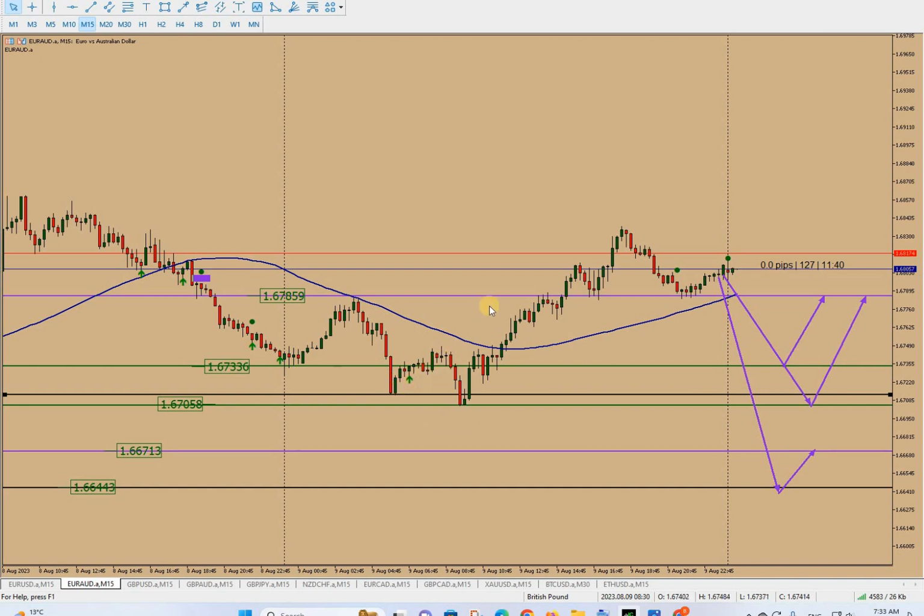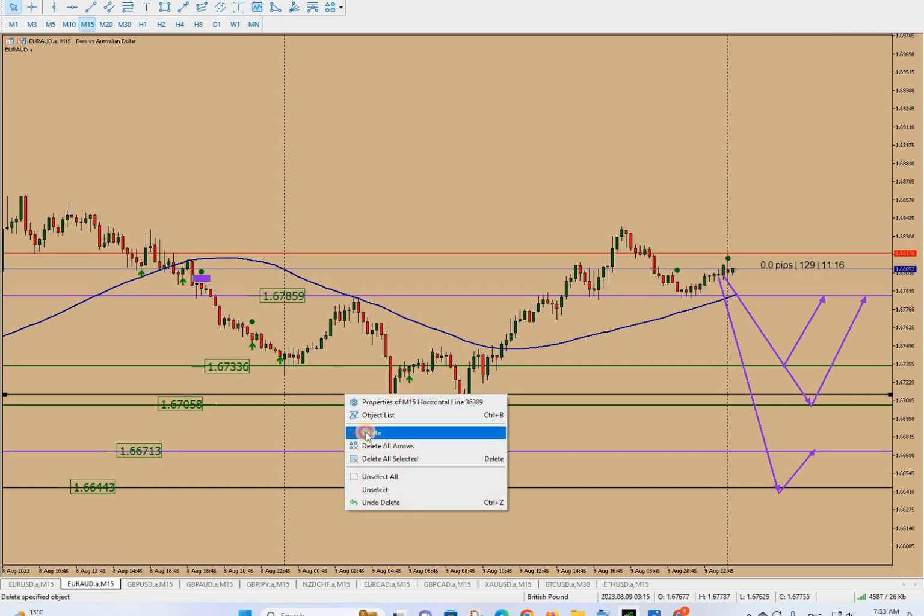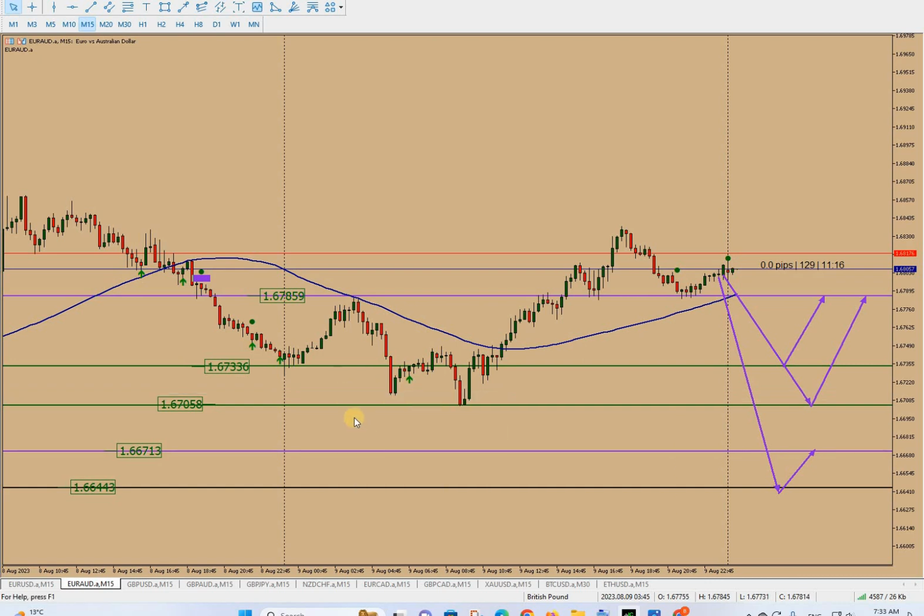If the price goes above it, we don't care. We need to see the price coming under it and passing through it, and then when we get a red arrow, we sell to this. This is for selling, which I don't have here now. So for Euro Australia, I found this level already. I marked it up and the price went above it, and now I'm waiting for the price to come under it to buy.